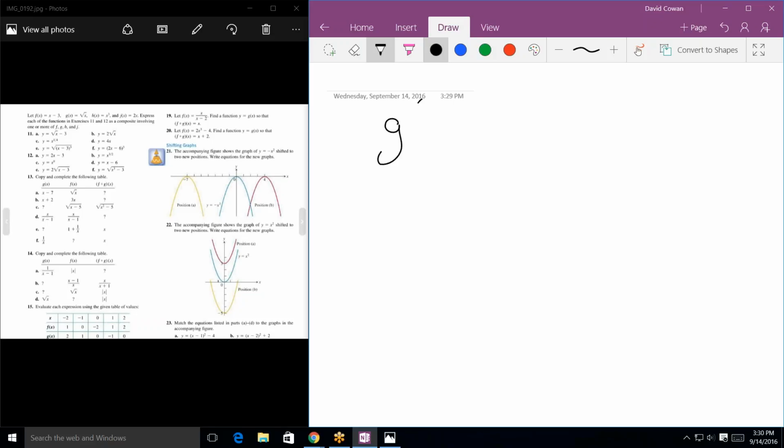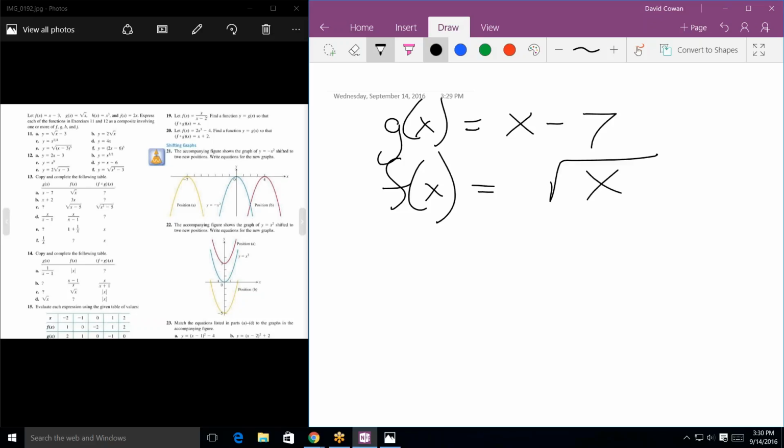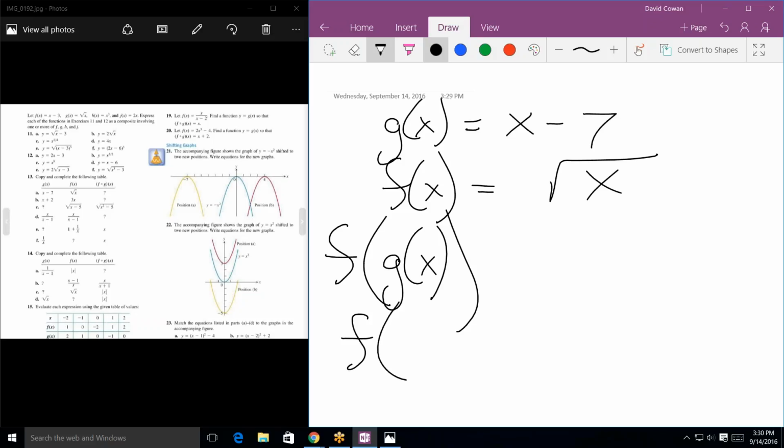For 13a, we have g of x equals x minus 7, and f of x, these are going to be easier, equals square root of x. So what is f of g of x? In other words, when you see that symbol, the f circle g, what that means is f of g of x, like I've written. And now the best thing to do is substitute g of x.